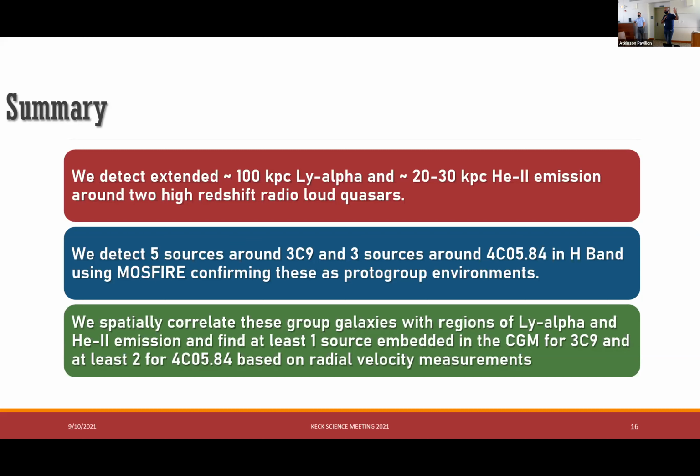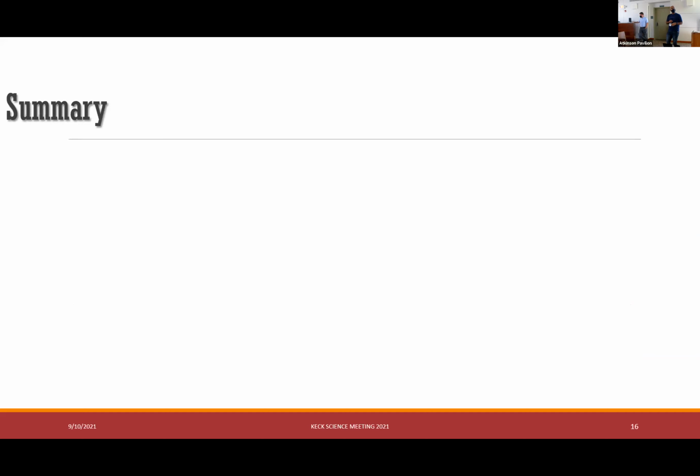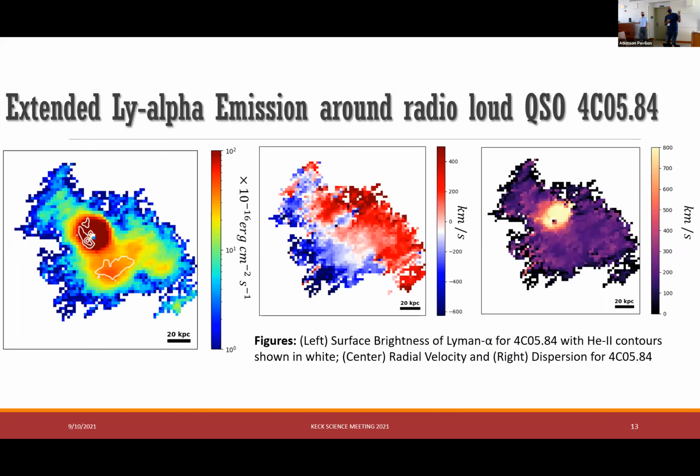So one thing I did point out, and I should have, oh, sorry, I'll repeat the question. The question is, we had the KCWI spectra for these quasars. Do we see anything in absorption for these spectra? So the plots that I showed you for both of these have been PSF subtracted from the quasar. So we've taken the PSF out.